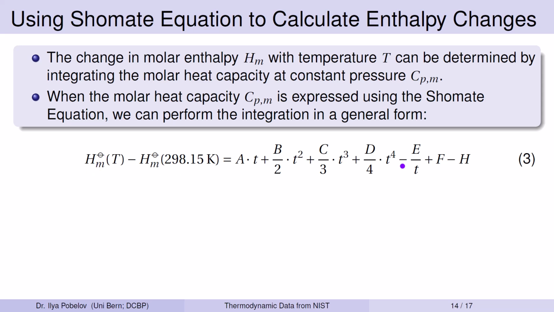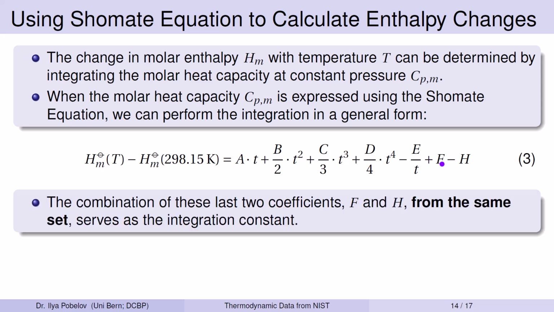Specifically, this equation provides the value of the molar enthalpy of a substance relative to its value at 298.15 Kelvin. In addition to the previously introduced coefficients A, B, C, D, and E, this equation also includes two other coefficients, F and H. The combination of these last two coefficients, F and H, from the same set serves as the integration constant.